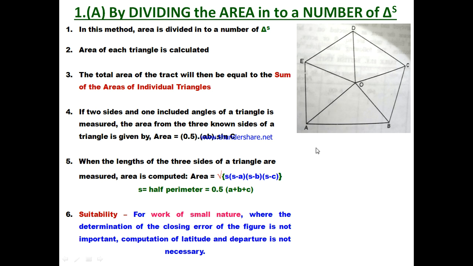After getting the area, you can also apply a check here. Since you only know the lengths of the sides of the triangle, with the help of the formula square root of S into S minus A into S minus B into S minus C, you get the area of the triangle, where S is the half perimeter, which is equal to 1 by 2 A plus B plus C. Okay.